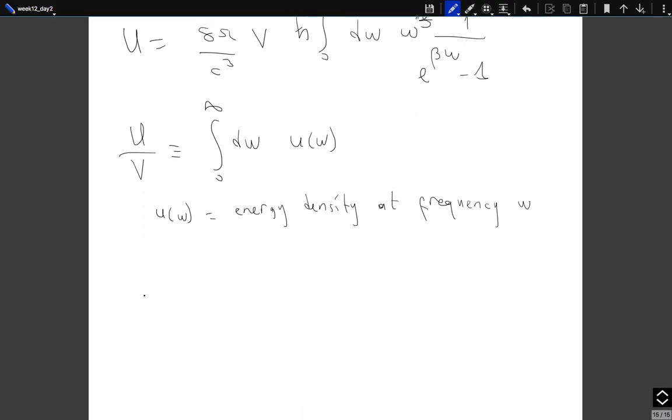And U of omega is just 8 pi over c cubed h bar omega cubed divided by e to power beta h bar omega minus 1.